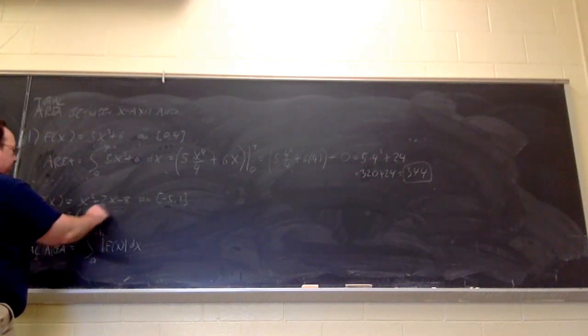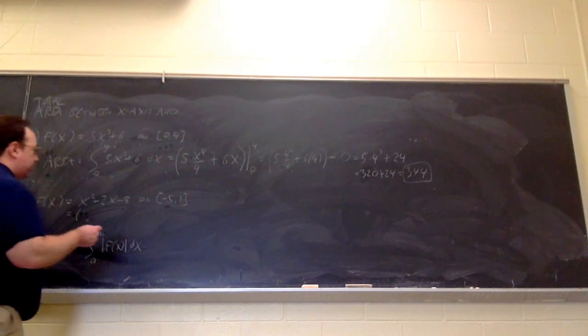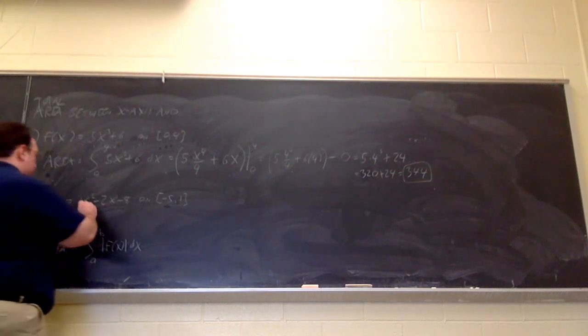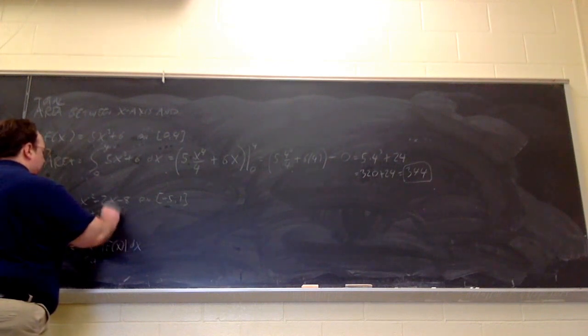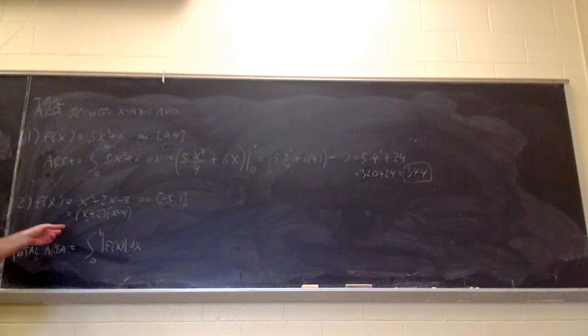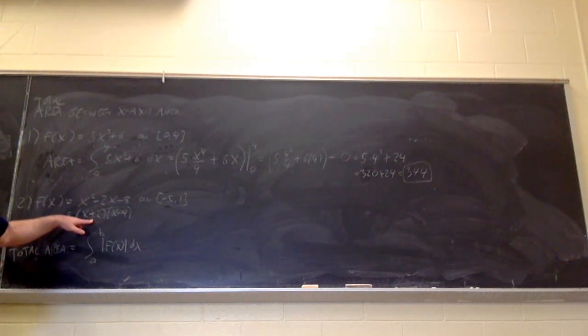So x squared minus 2x minus 8 factors into, well, we need numbers that multiply to minus 8 but sum to minus 2. Since their product is minus 8, they must be different signs, one positive, one negative. The numbers that work are plus 2 and minus 4. So we have x plus 2 and x minus 4.